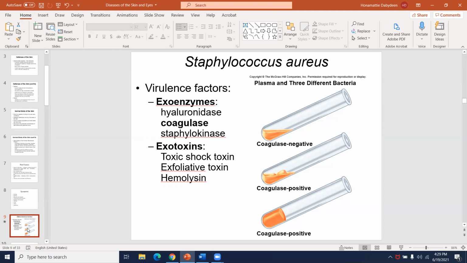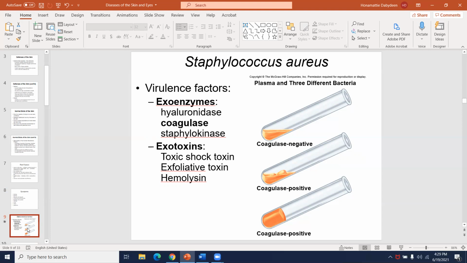These two organisms, it seems like it doesn't matter what kind of disease, you can turn around and Staph and Strep will be there. If not the primary organism, it's secondary or mixed up with some other organism causing all kinds of damage.